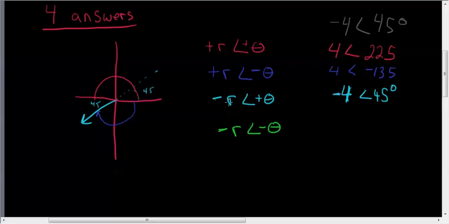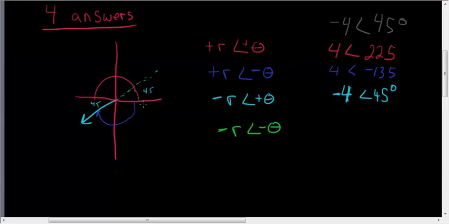All right, we already saw that if I turn to this positive angle and walk backwards, that would be my negative 4 at an angle of 45 degrees. How do I describe this vector with a negative radius and a negative angle? Well, with a negative radius, I'm going to be wanting to face this way, right? I need to face this way.